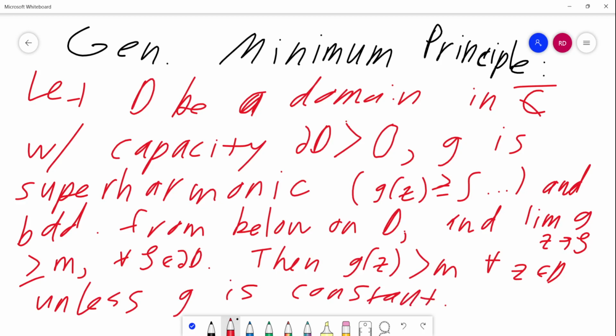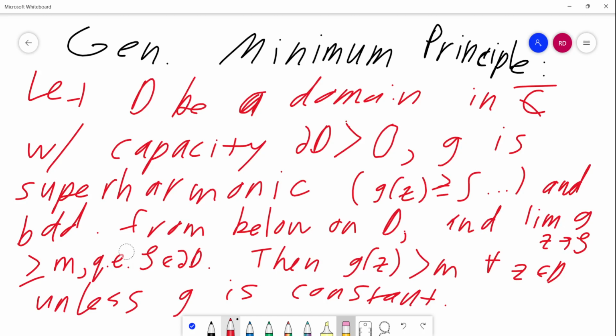Let me double check this. I want to make sure whether it says every or quasi every. It'll work either way in this case, but I want to just make sure. Yeah, that's supposed to be a quasi every, not an every, I figured. Okay. Yeah, actually it probably wouldn't work if it were every. That's the whole point of this, is to allow us to have these few exceptions on a capacity 0 set.